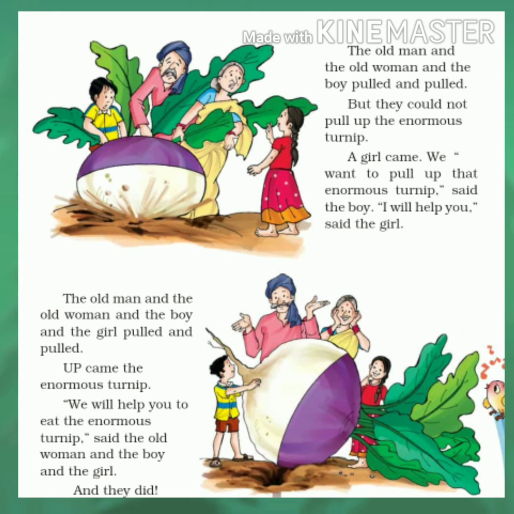They all were very happy as the enormous turnip came out from the ground. "We will help you to eat the enormous turnip," said the old woman. At the end, they all enjoyed the turnip together. So here is the end of your story.